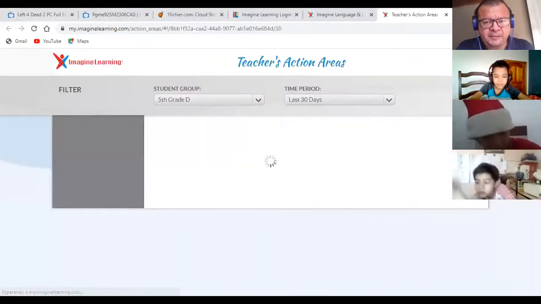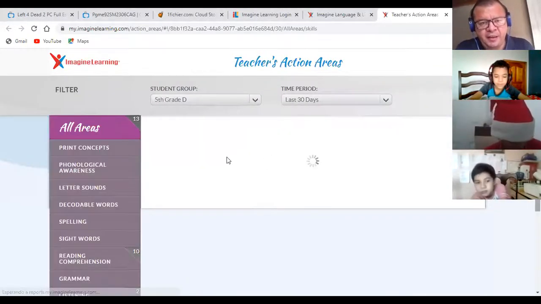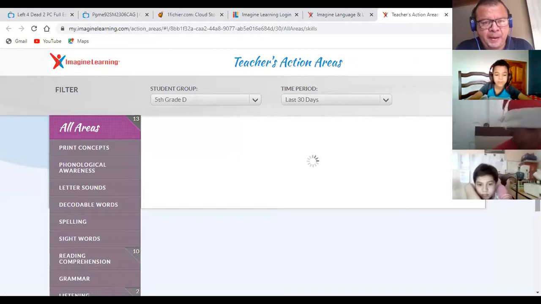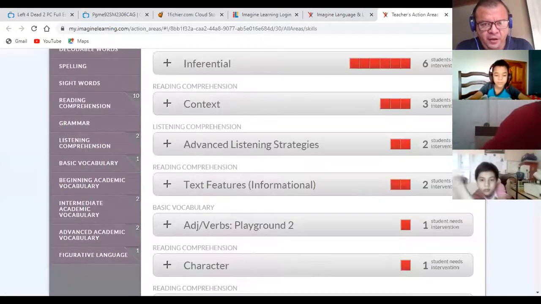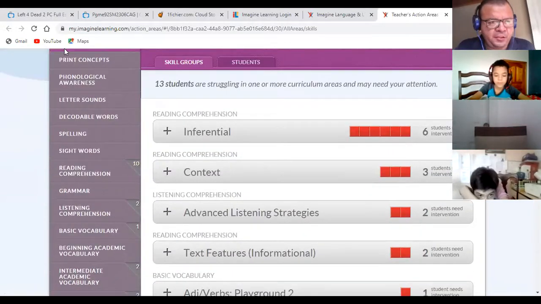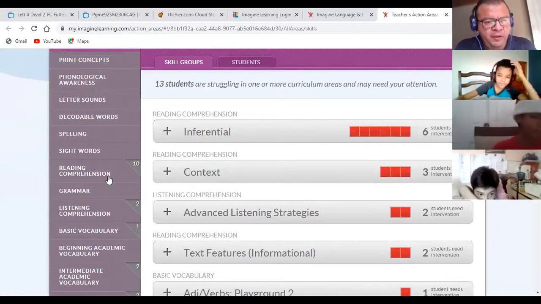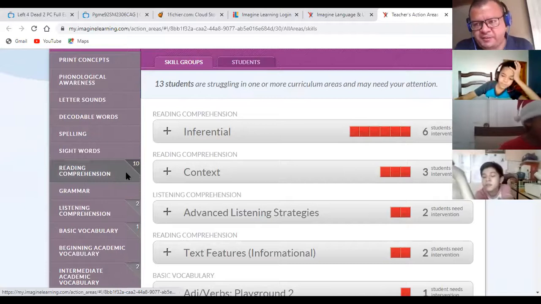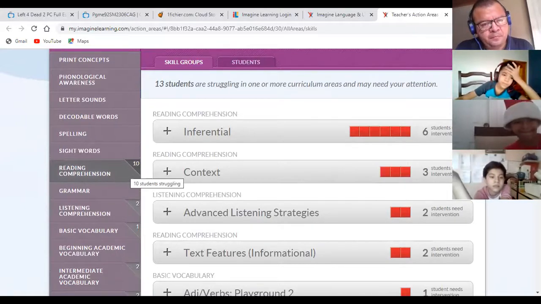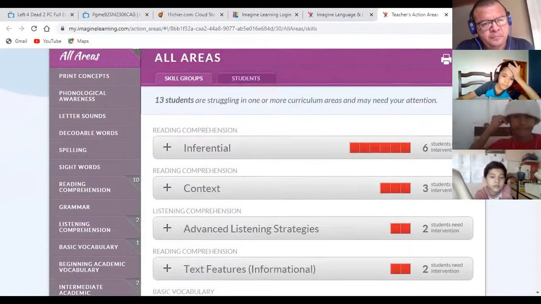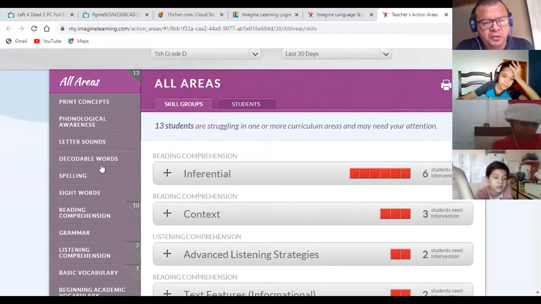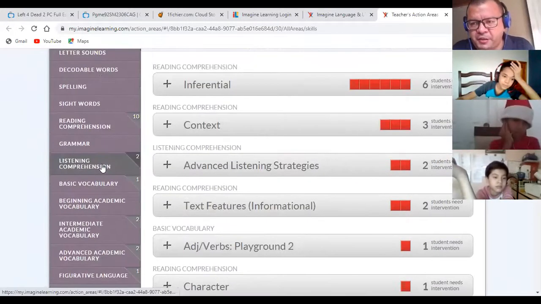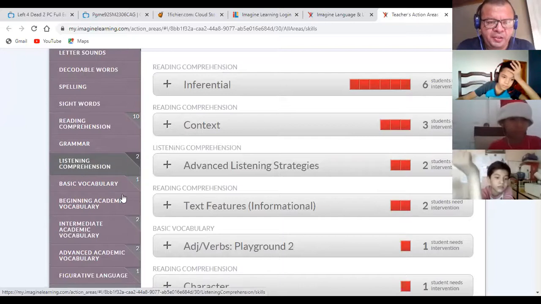Okay, let's see. This is my action areas. In here, I can do the playlist of each one of you. If you see in here, in this part, the reading comprehension, I have 10 students of you. Two students have problems with the listening comprehension.